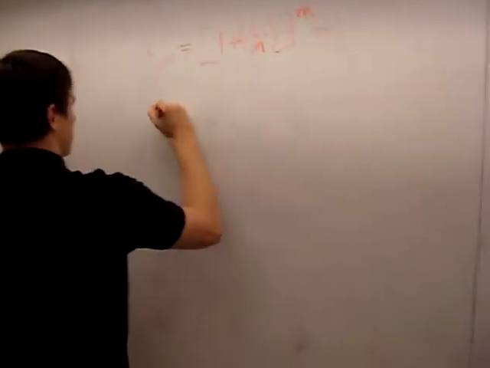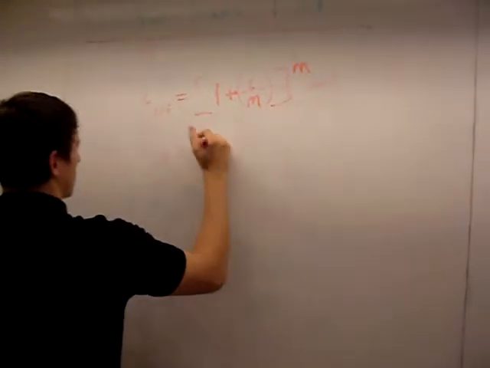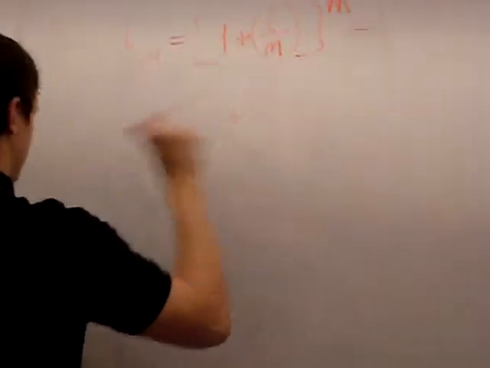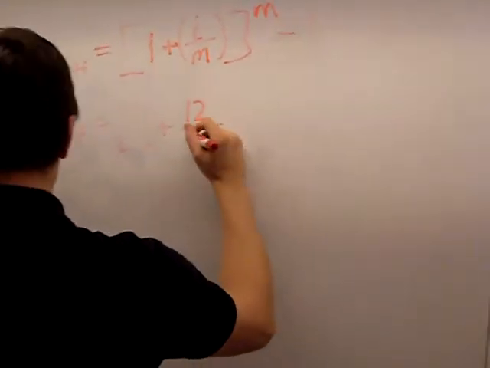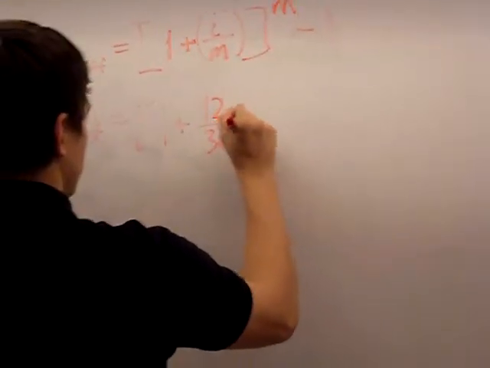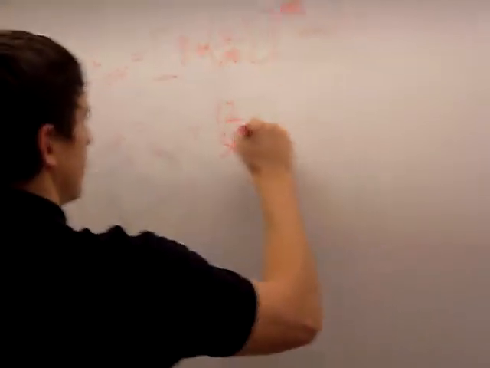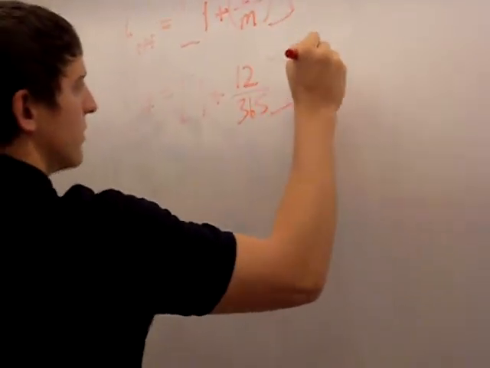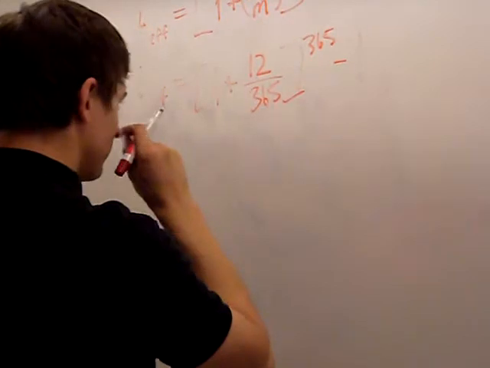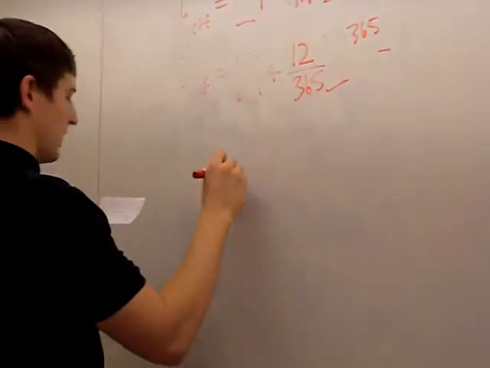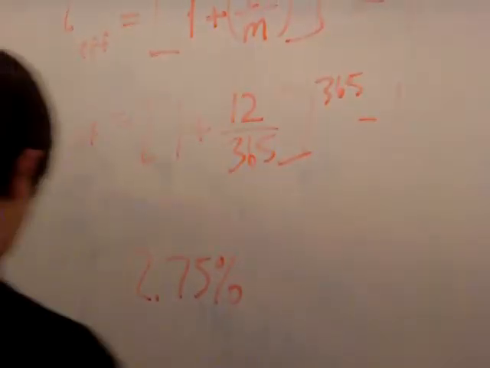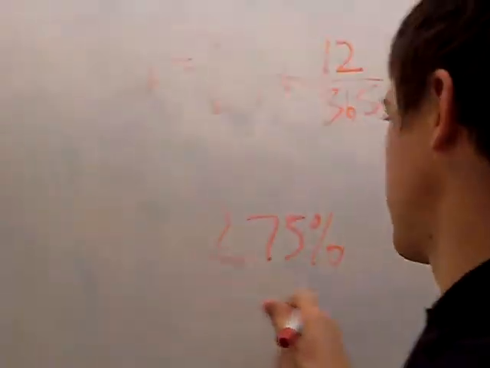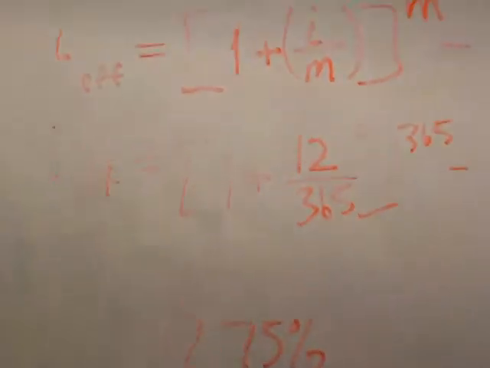So you have your effective annual interest rate equaling 1 plus, since you want it over a year, 0.12 divided by 365 days in a year, raised to the 365, minus 1. So from this, we get the answer 12.75%. So the effective rate of interest on your 12% loan is actually 12.75%. Oh, so you just plug it in.